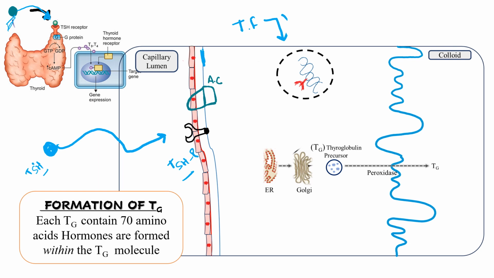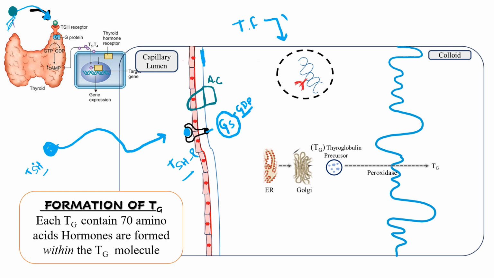So, once this TSH binds to the TSH receptor on the thyroid follicle, it will stimulate an intracellular pathway, specifically a G stimulatory protein. Now, normally this G stimulatory protein is bound to GDP, which keeps it inactivated.